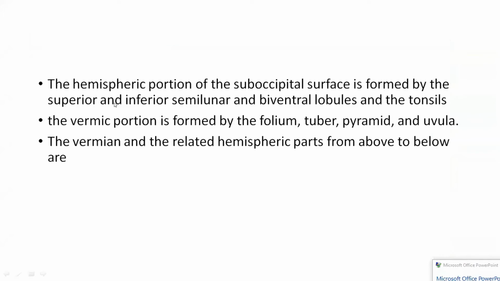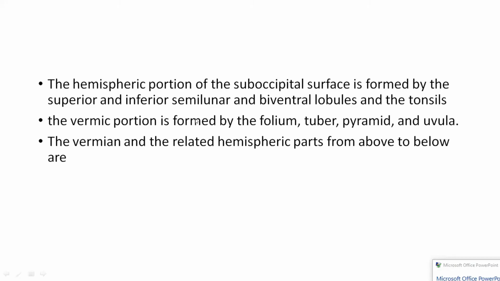And then we have these structures. In order to learn their names, we have correspondence between the vermian and the hemispheric portion. So the hemispheric portion of the suboccipital surface is formed by the superior and inferior semilunar lobules, followed by the biventral lobules, and then you have the tonsils that we saw in the diagram.